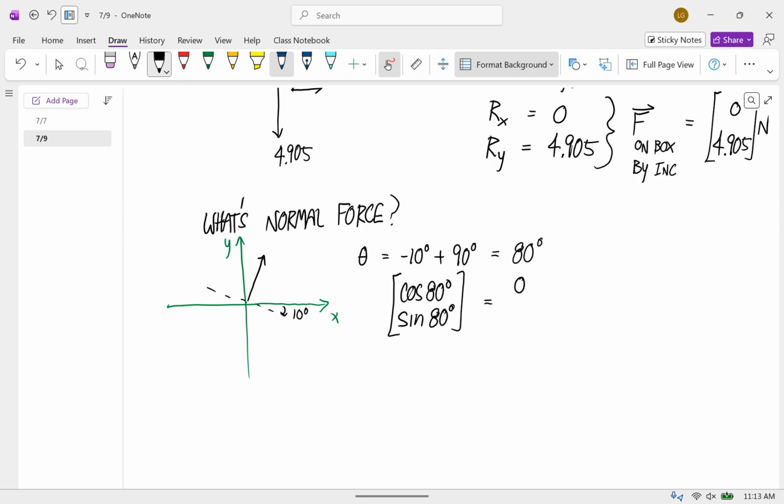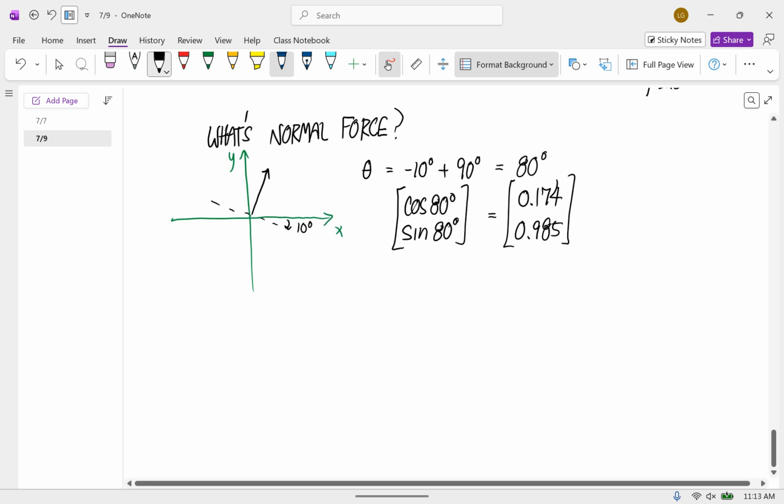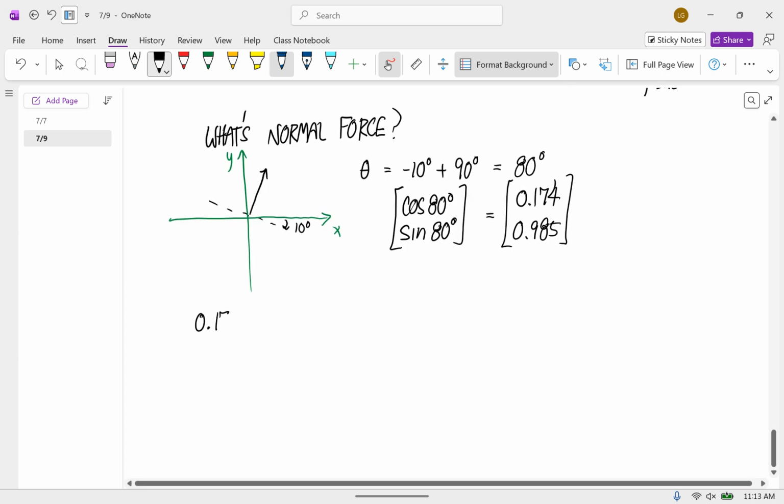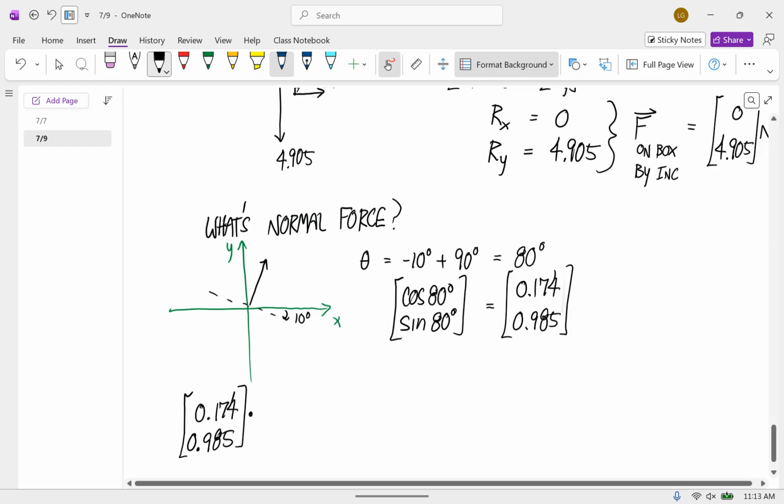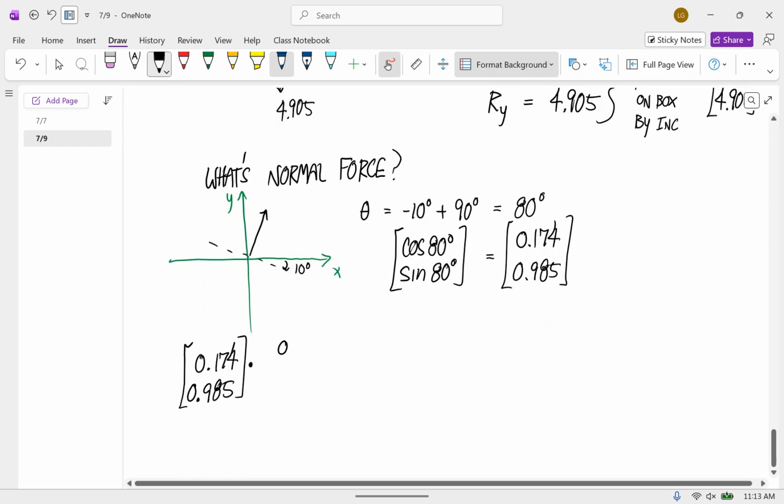which is 0.174, 0.985. And now we could take the dot product of this with the vector that we got.